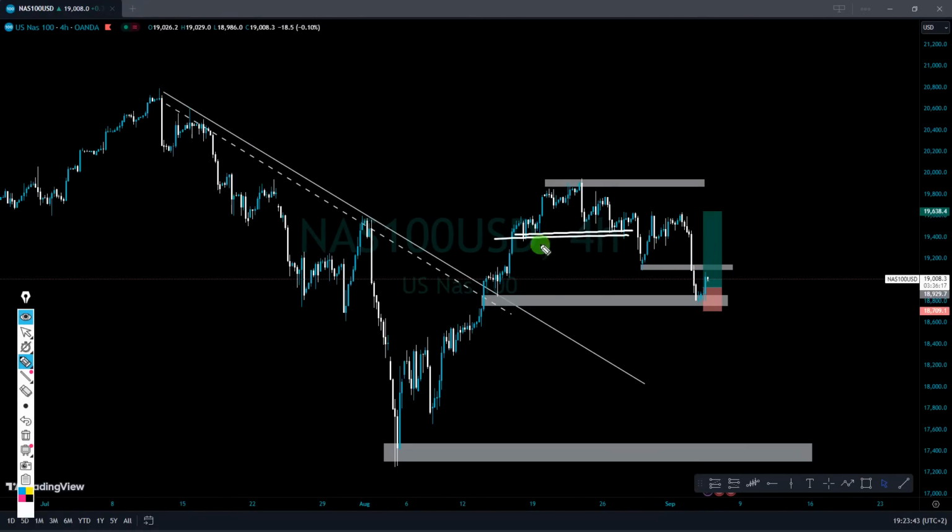So we're just going to use a zone where the market broke out, which is this area. If the market breaks out of here, we will say, you know what? It seems like the journey to the upside is no longer good for us. So we have to look for a sell.